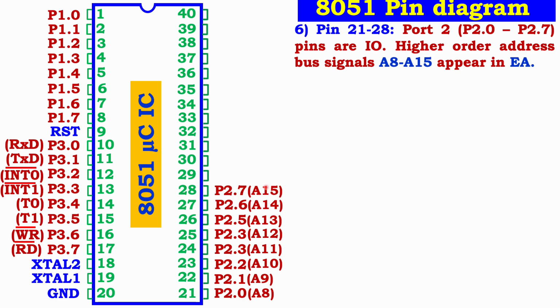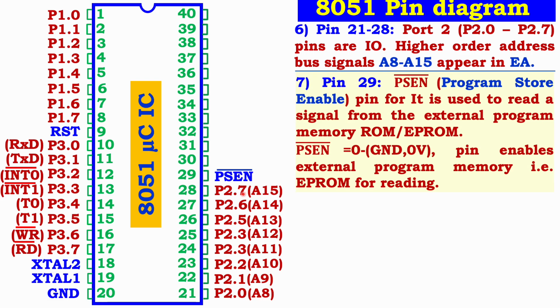Second, it can access the higher order addresses A8 to A15. The 8051 microcontroller has a 16-bit address bus, whereas the data bus is 8-bit. So the higher order addresses A8 to A15 are accessed by Port 2.